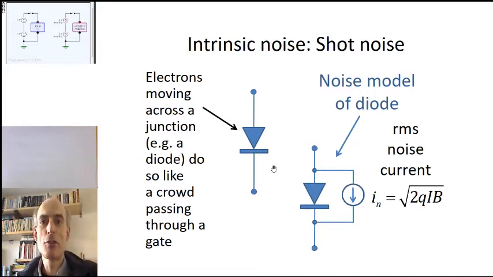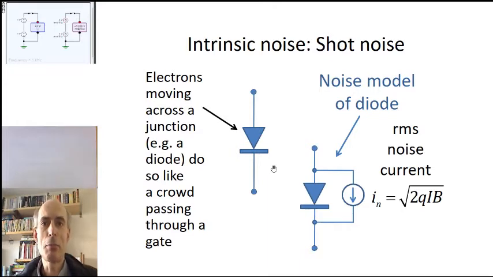The result is the total number of pellets landing on the floor tends to vary with time, sometimes slightly above average, sometimes slightly below average. The net result is a slight noise signal on top of the average number of pellets landing on the floor.